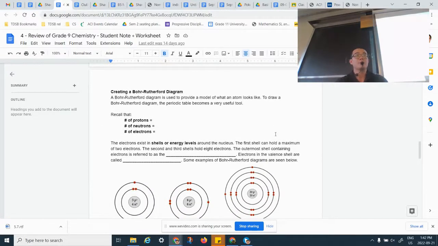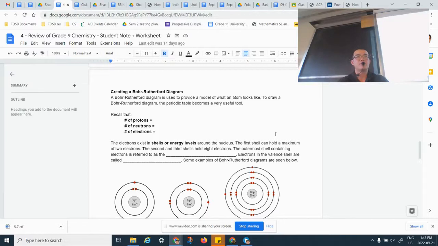Make sure you know how to draw a Bohr-Rutherford diagram. Needless to say, you will have a question on it in the written section, so be prepared to draw one. However, you could also have Bohr-Rutherford diagram questions on the multiple choice.